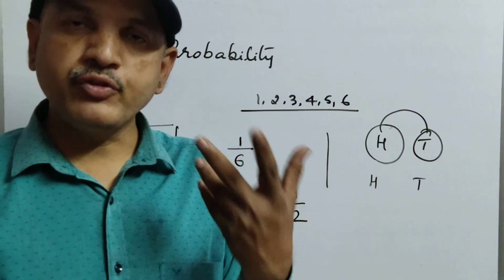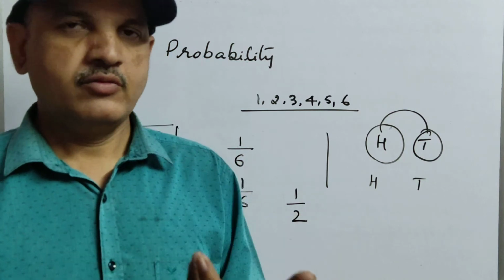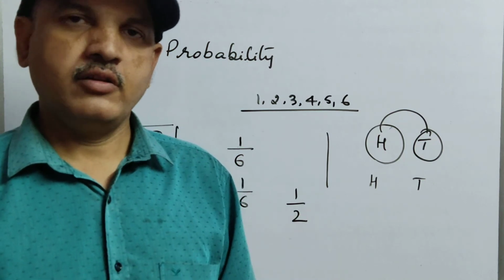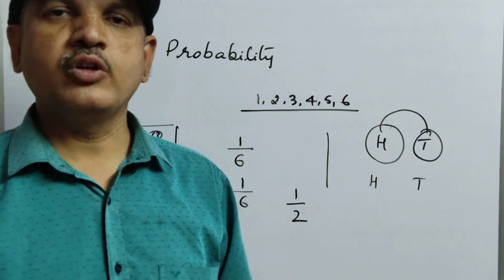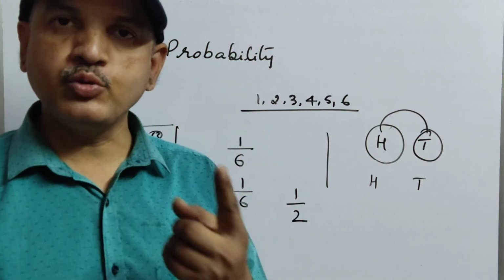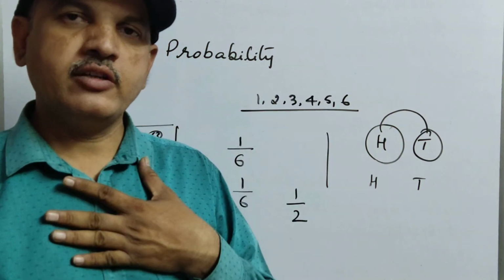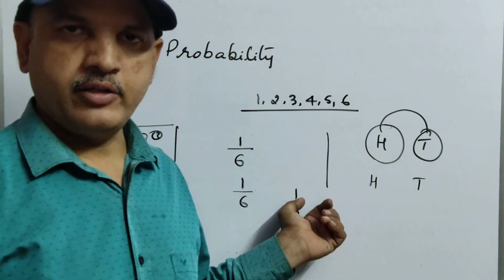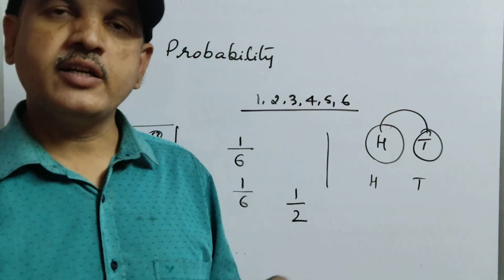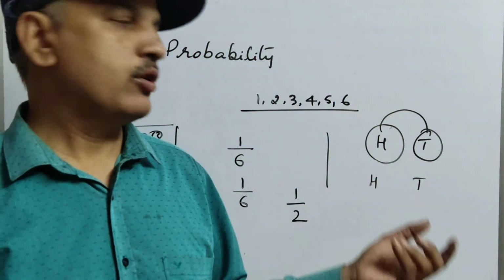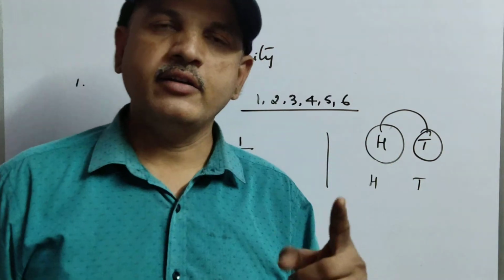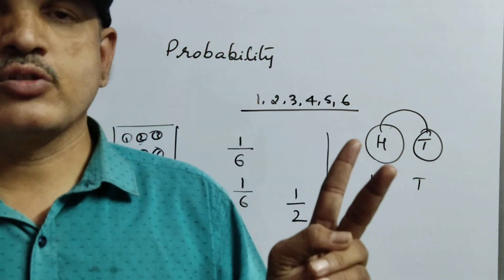If you said tail and you got the tail, then you will start the game. That means only 1 chance. So 1 by 2 whether you get head, and if you said tail, that is also 1 by 2 only. So head is 1 by 2, tail is also 1 by 2.